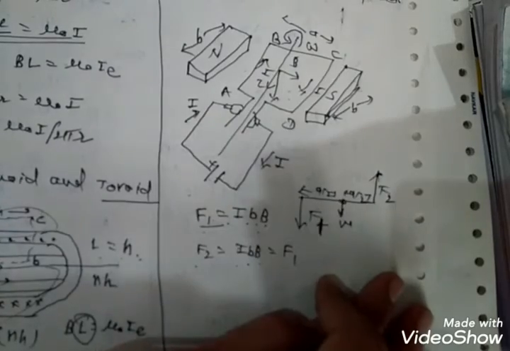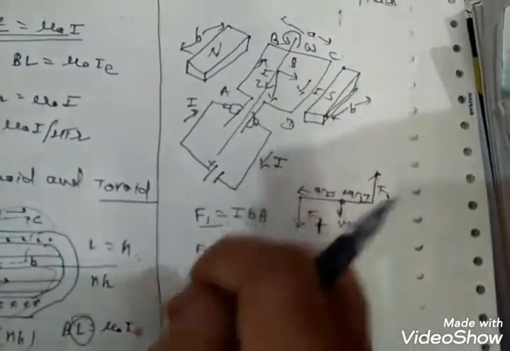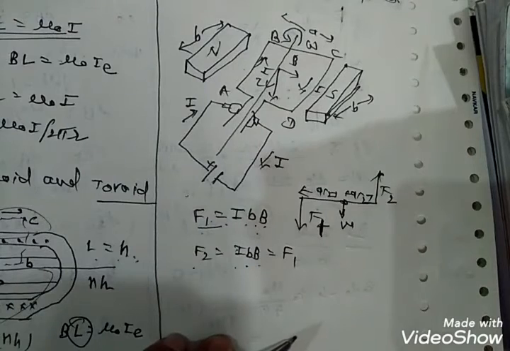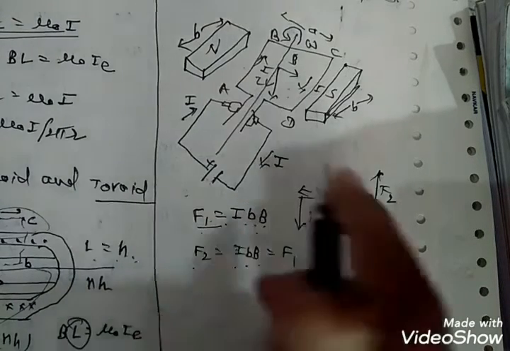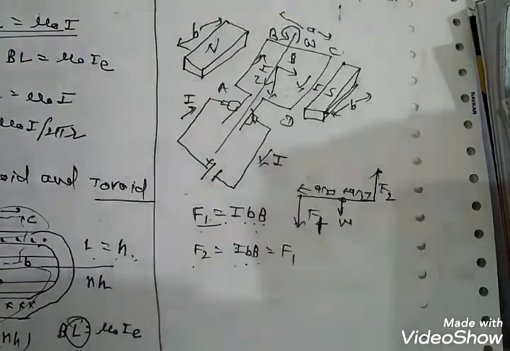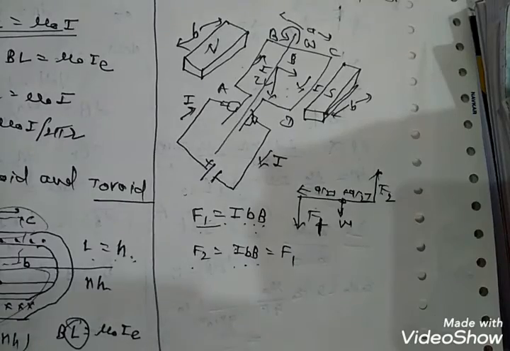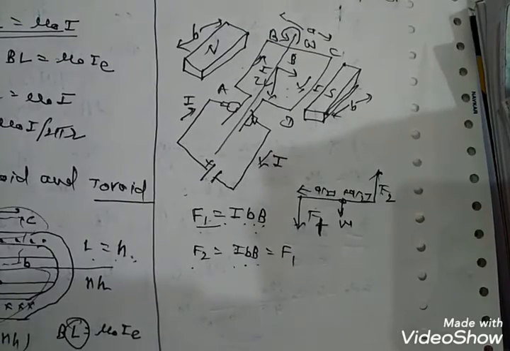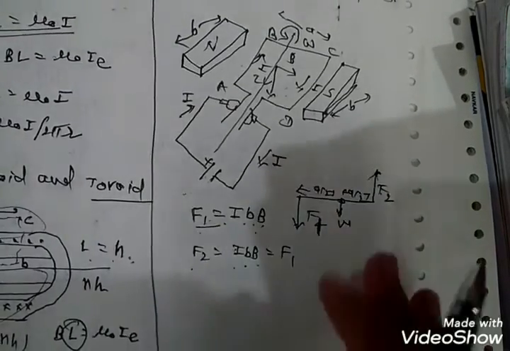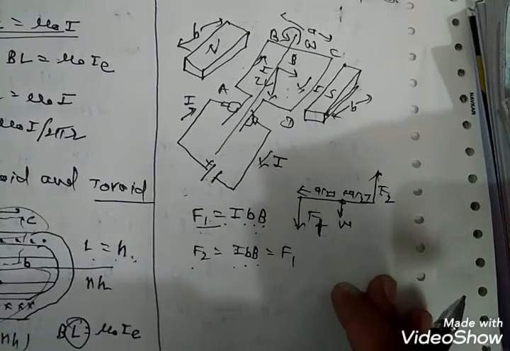Now the net force on this loop is 0. There is a torque on the loop due to the pair of forces F1 and F2, and it shows that the torque on the loop tends to rotate it anti-clockwise.